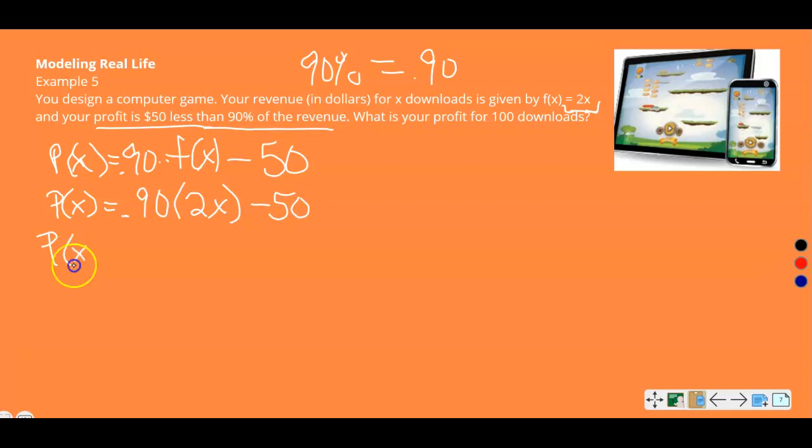All right, so p of x equals 0.9 times 2 is 1.8x minus 50. All right, so this represents the profit, okay? So your profit is $50 less than 90% of the revenue.